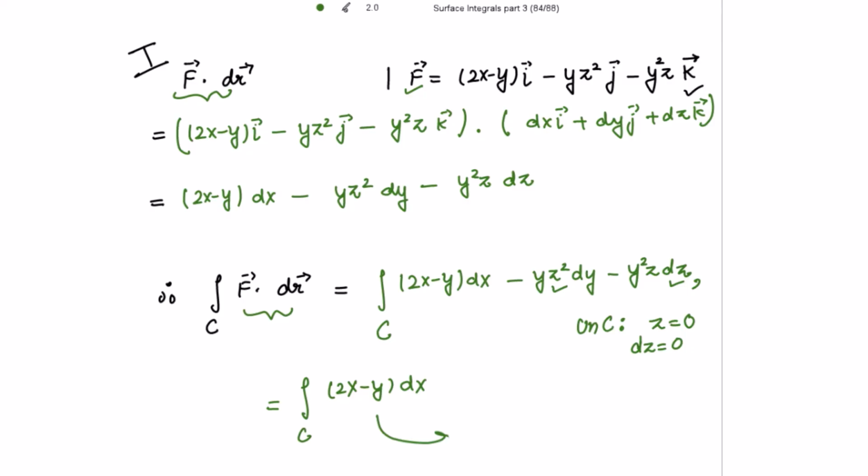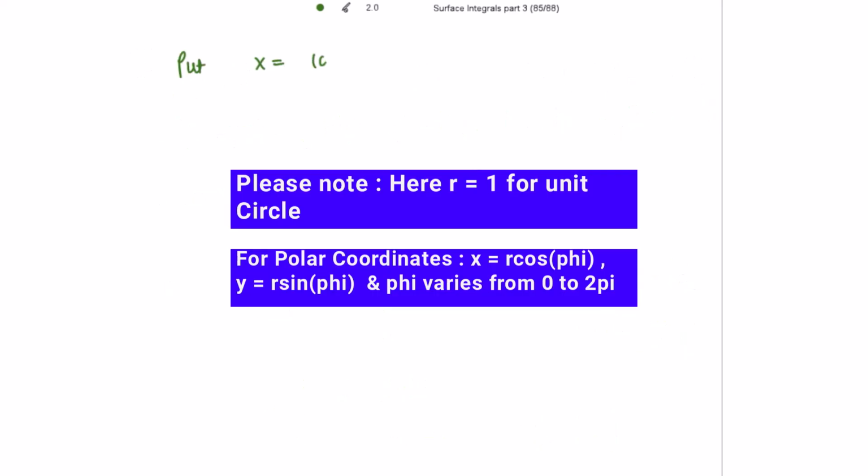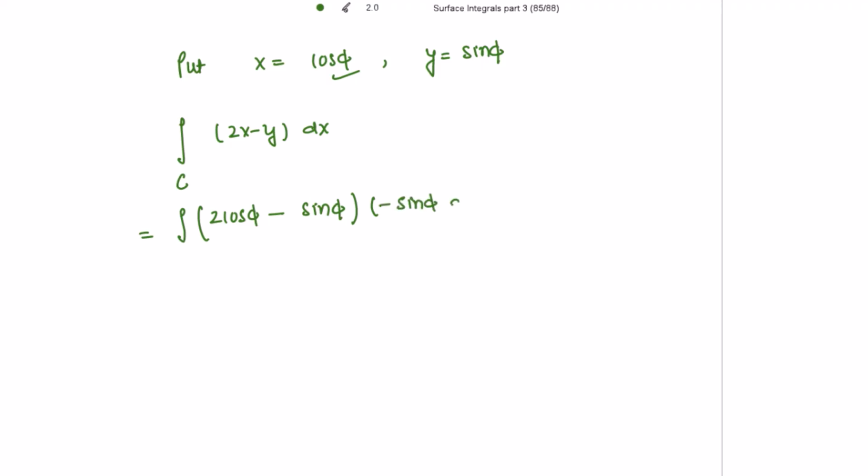Now I am going to use polar coordinates to evaluate this integral, for which I put x equal to cos phi and y equal to sine phi. R is 1. So the line integral over C of (2x minus y) dx equals the integral of (2 cos phi minus sine phi), where dx becomes minus sine phi d phi.